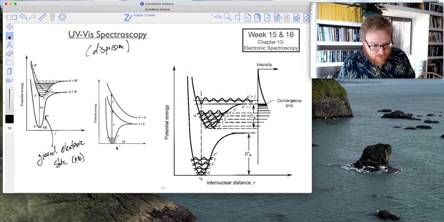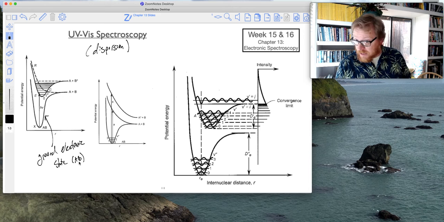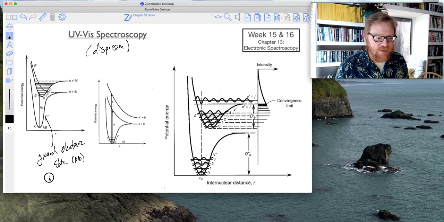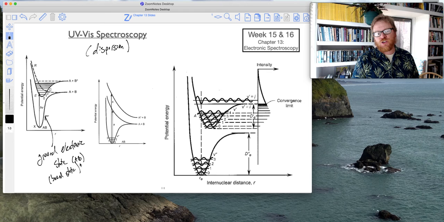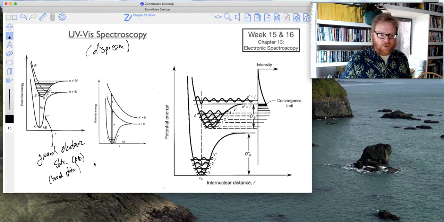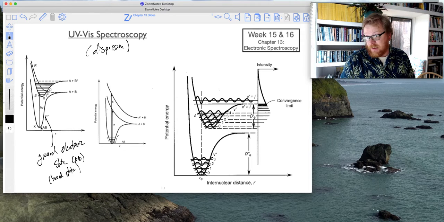Because remember, our electrons exist in these bound states, right? So this potential energy well is not just applicable to our small molecules. We can use this idea for all molecules, okay? So we start in this bound state, okay?